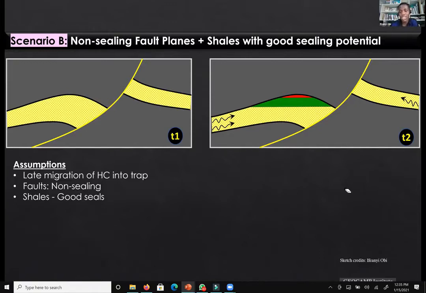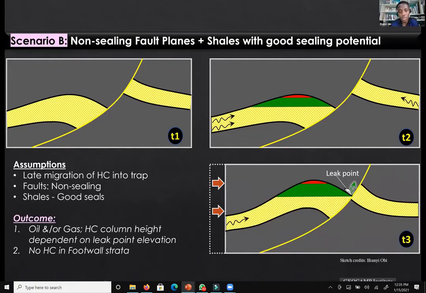Let's assume again that the same compressional systems, maybe some kind of stress regime in that basin, cause some shortening, and you have the hanging wall move up relative to the footwall on the fault plane. Again, remember here we have a non-sealing fault plane, so things are going to be leaking through to the other side.